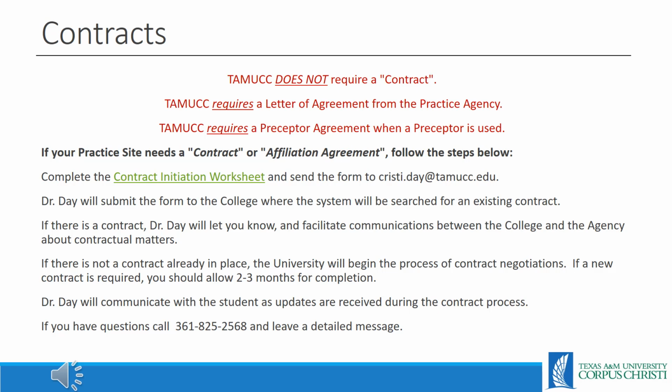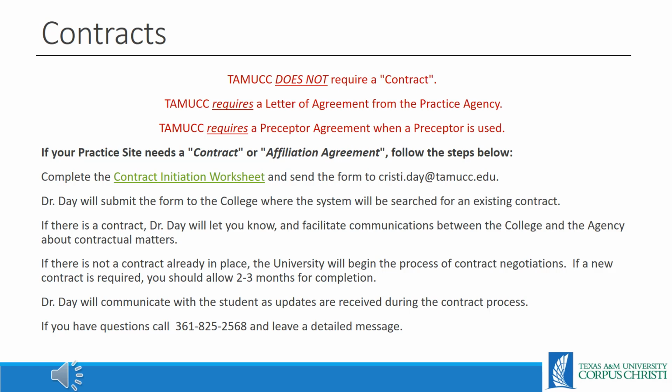Usually the agency will be the one to tell you if there's a contract. They should know because they're the ones asking for the contract. But sometimes they have changed leadership and things like that, and so they may even ask us for a copy of the contract or the affiliation agreement, and we can do that.